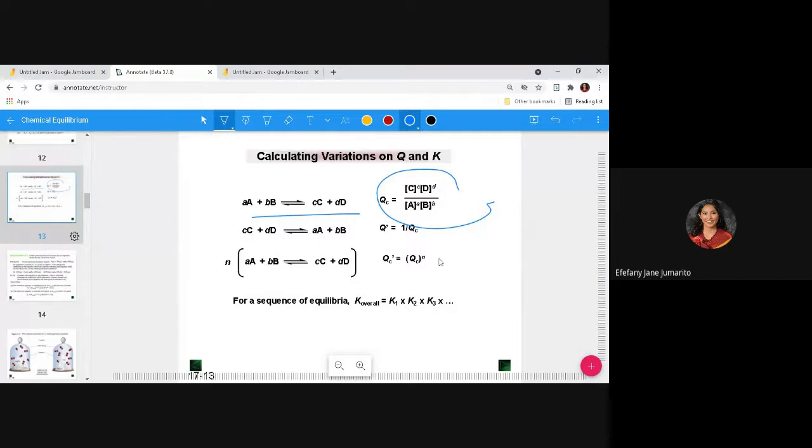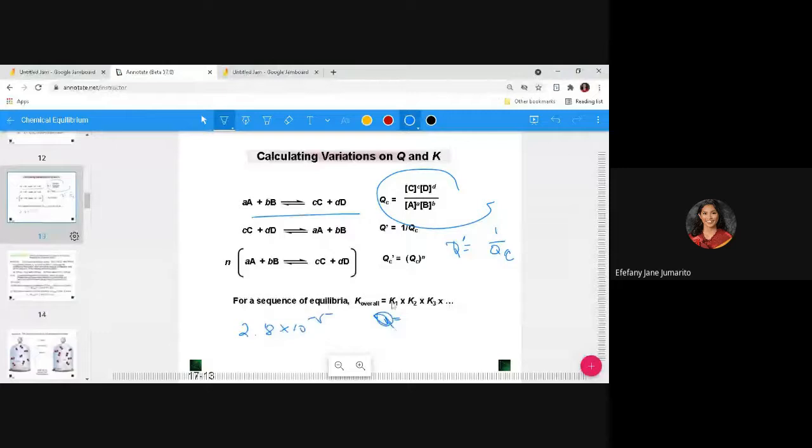Q prime, or Q naught, is equal to 1 over Qc. So for example, if our Qc is 2.8 times 10 to the negative 5, what will be our Q prime?